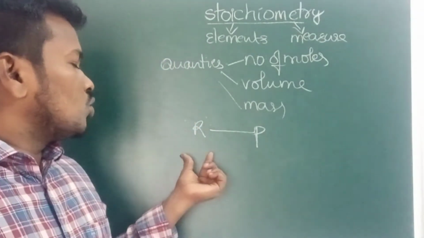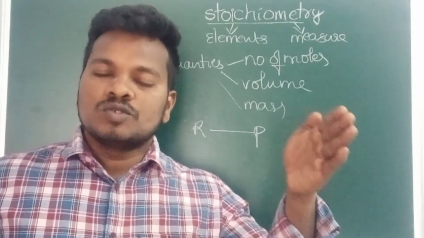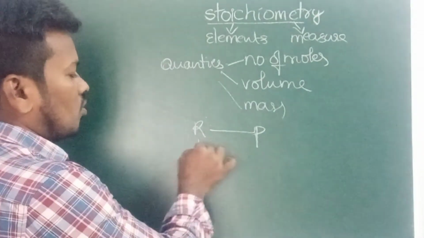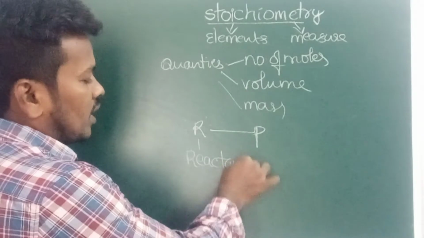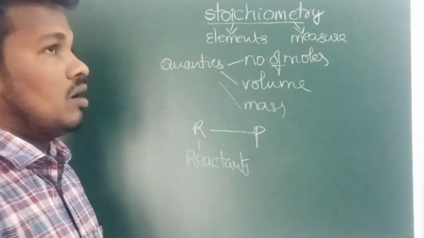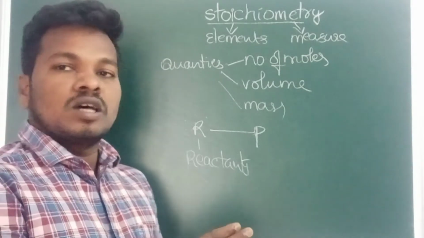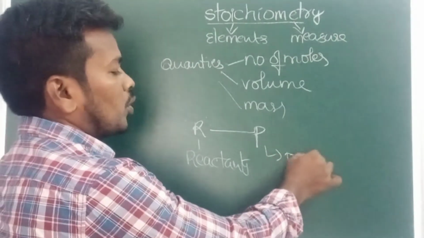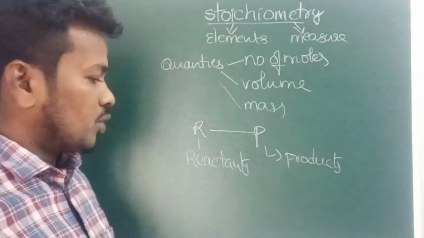So the substances which participate in a chemical reaction are called reactants. The substances formed as a result of the chemical reaction, when two substances react, are called products. This is general information about reactants and products.